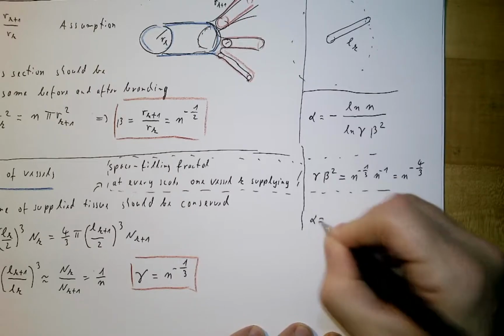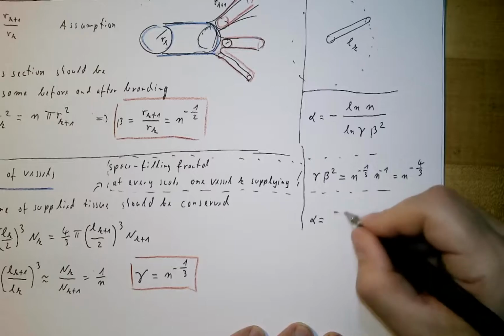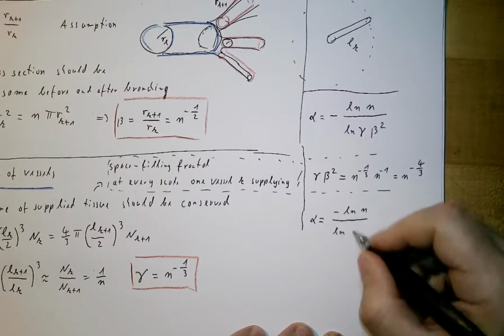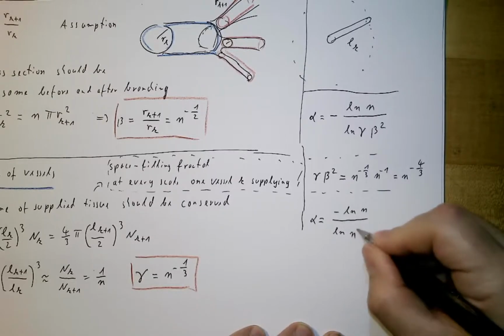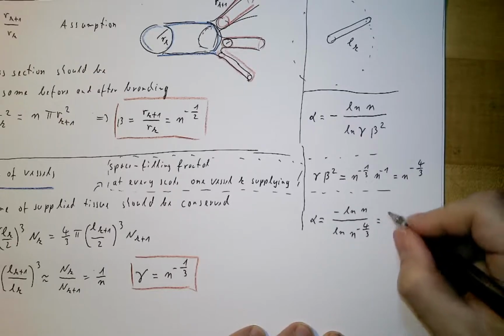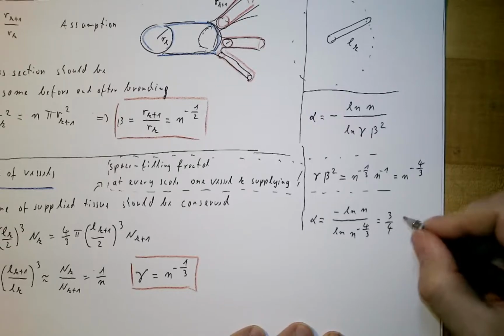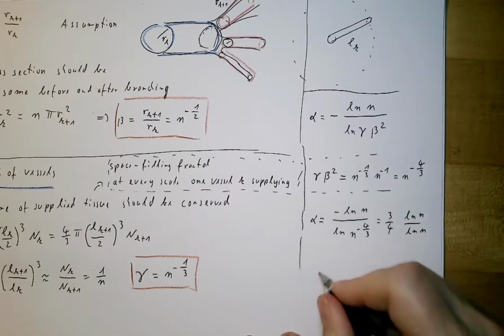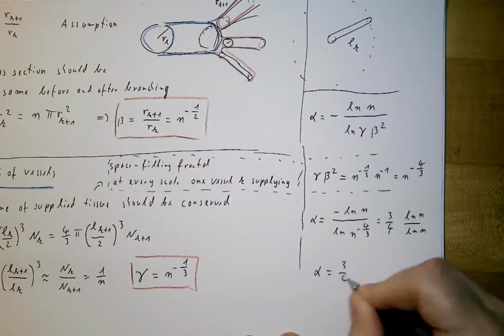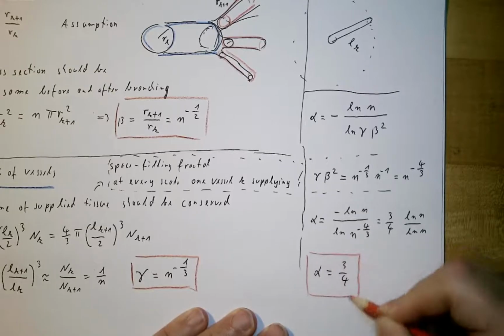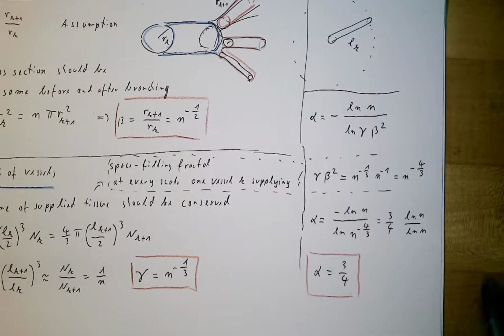So alpha, our critical exponent, equals minus logarithm of n divided by logarithm of n to the power minus 4 over 3. This gives us 3 over 4 times log n divided by log n, and so we obtain alpha equals 3 over 4. Magic.